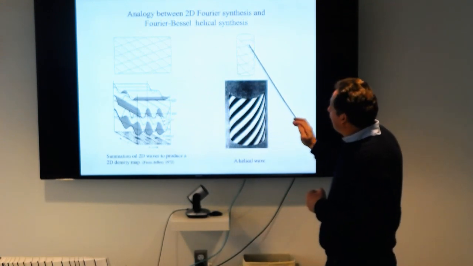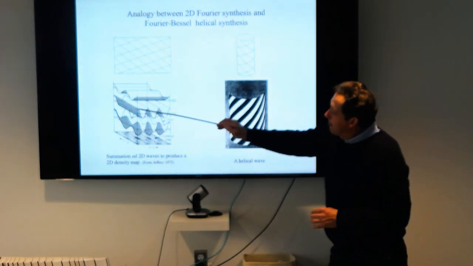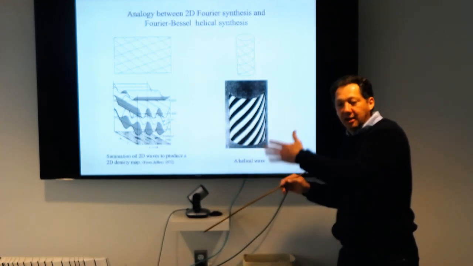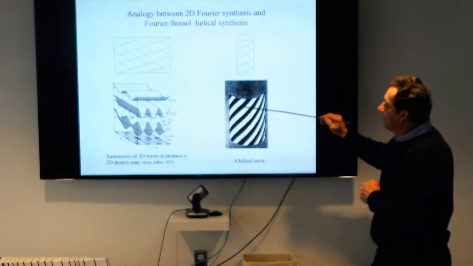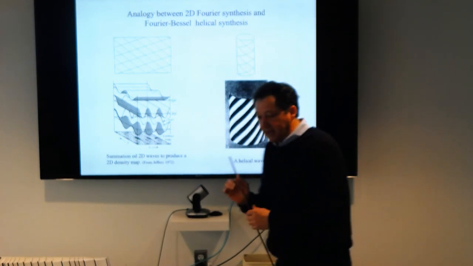So for a helical lattice, it's the same, but you cannot think about them as just 2D waves like here, but they are called helical waves. So it's a bit more complicated.